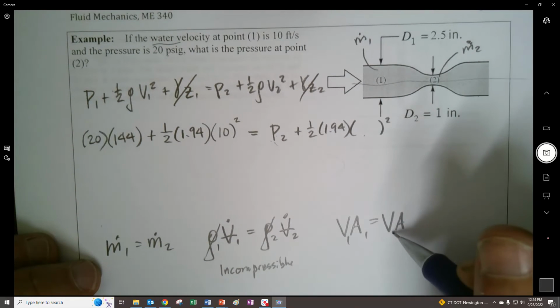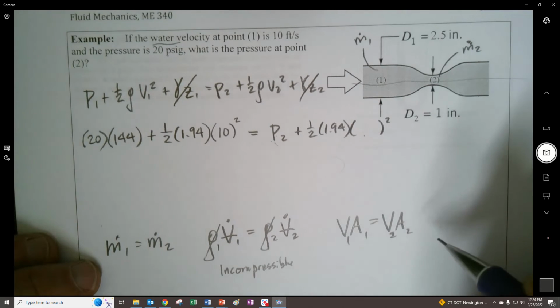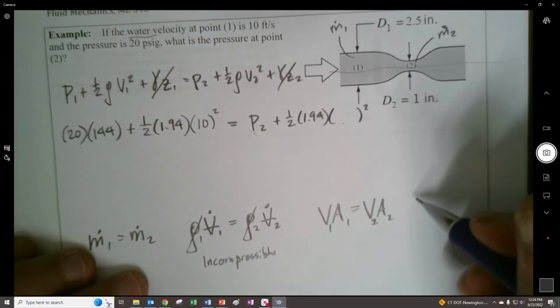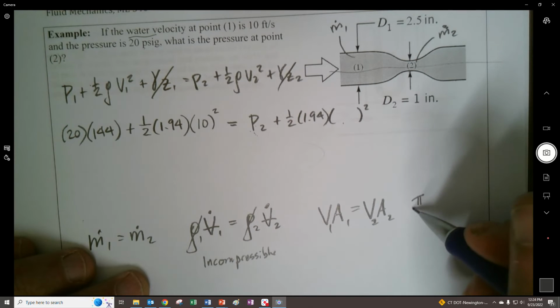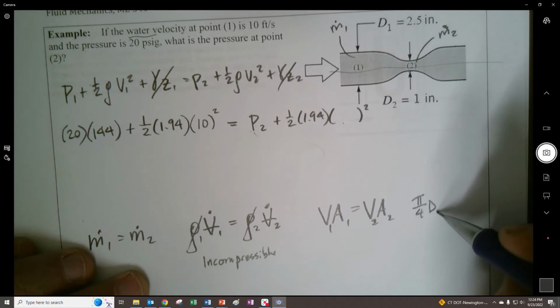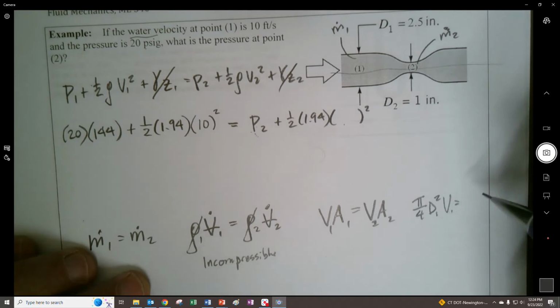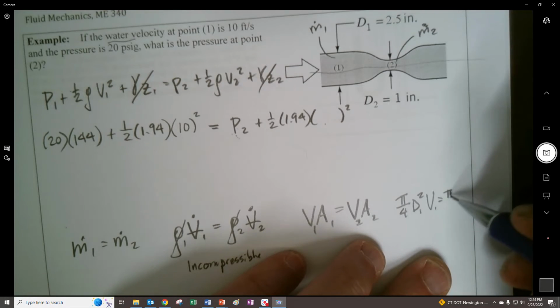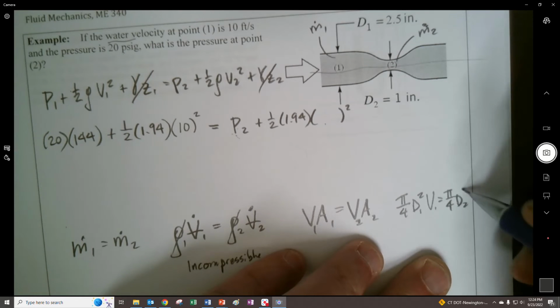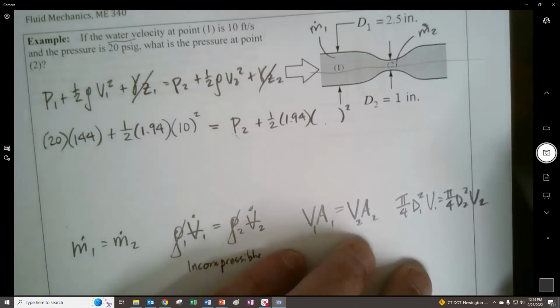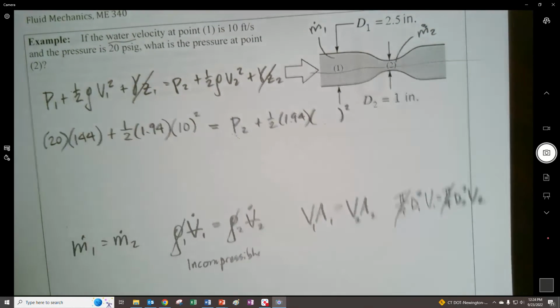So Q1 equals Q2. And then, of course, lastly, we could say that pi over 4 d1 squared times velocity 1 is equal to pi over 4 d2 squared v2. Of course, the pi over 4 cancel each other out.